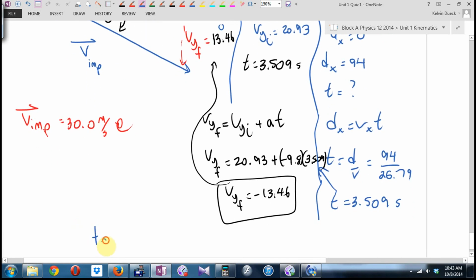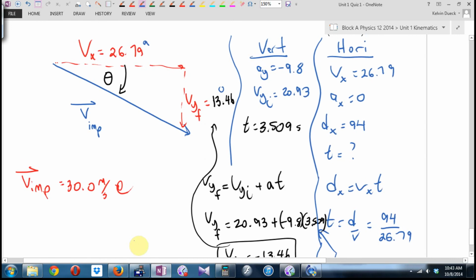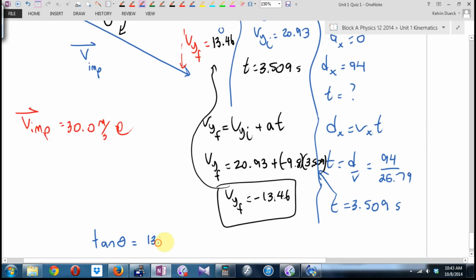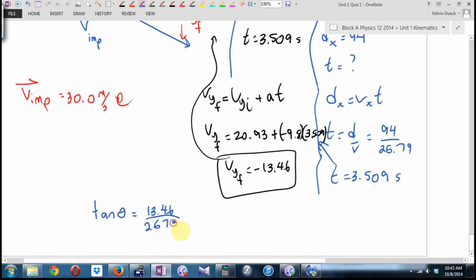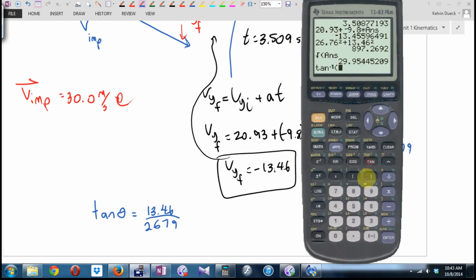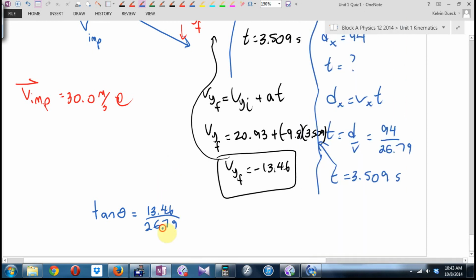So it's going to be tan theta equals opposite over adjacent, 13.46 divided by 26.79. 26.7 degrees below the horizontal. Is that right?